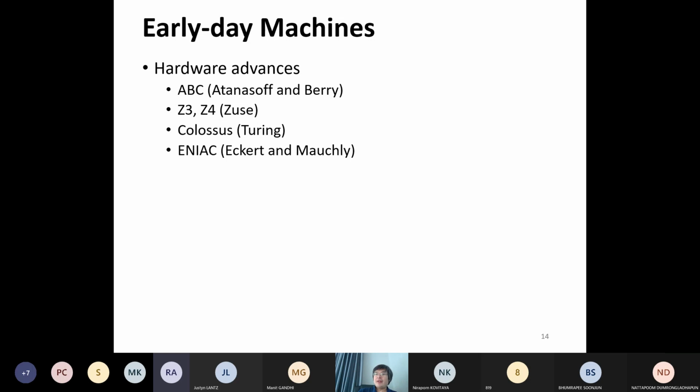There's also the machine called ENIAC, right? If you read the old Thai textbook on computers, many people would say, hey, ENIAC is the first computer. If you think about it, well, it's likely true in some context, but there were also other machines being developed around the time.